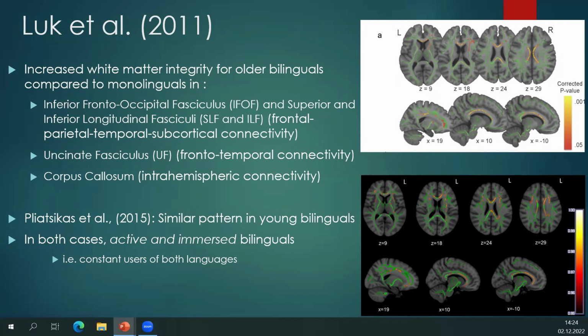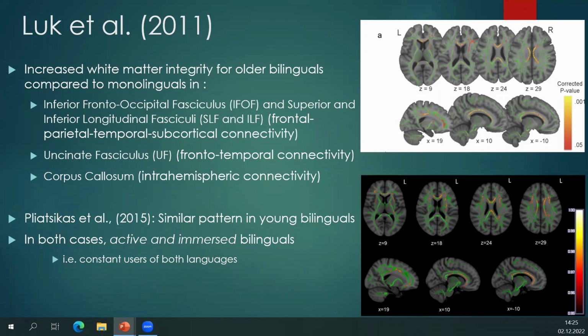So what you see up here in green is the white matter skeleton, as we call it. And what you see in red to yellow is those parts of the skeleton that have greater integrity for bilinguals versus monolinguals in their older age. These include tracts like the, I won't read them out, IFOF, SLF, and ILF, which all provide connectivity between frontal, temporal, parietal, and subcortical regions, right?